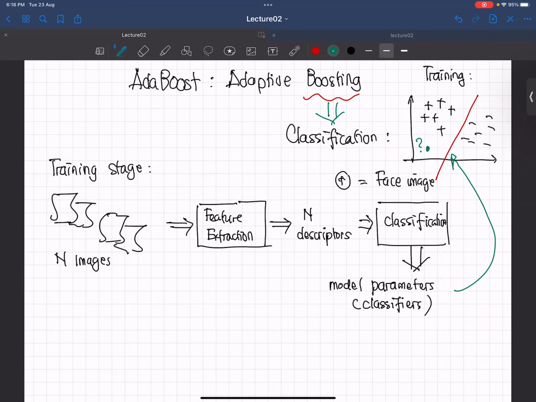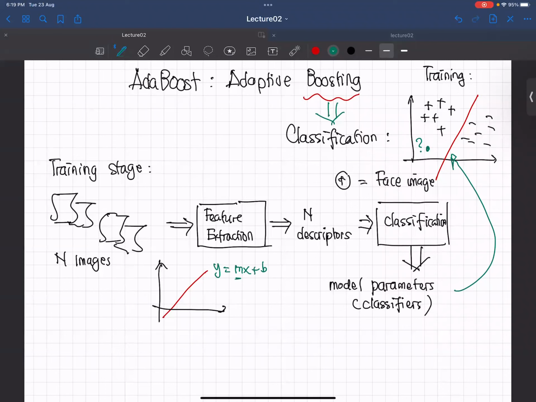So if you don't understand what I say, then this red line in the space there, in a simple case like this, how can we model the red line? y equals mx plus b, right?